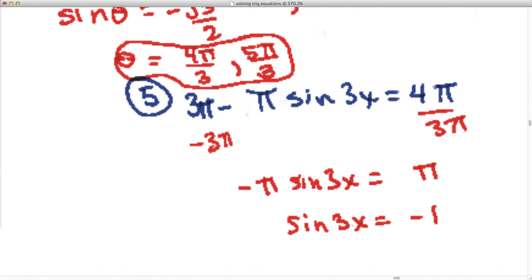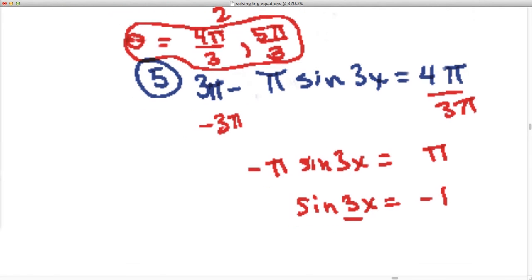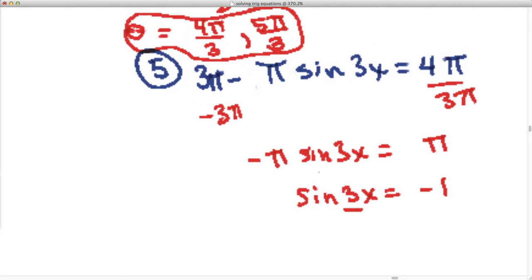So what this is asking me is, where does sine equal negative 1? But you have to take in the fact that there's a coefficient of 3. So either you can use your sum to product identities, or in my idea, it's just easier to do this. What this question is asking you for is, where does sine equal negative 1, sorry. So if you remember, 1 and negative 1 occurs only on the 0, pi over 2, pi, and 3 pi over 2 angles.